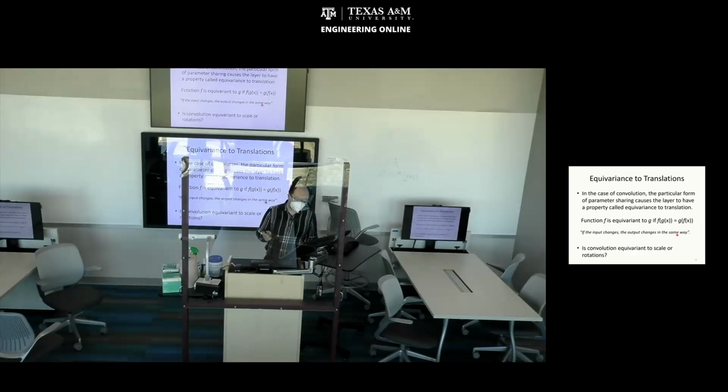So I would strongly suggest you first prove that this equivariance applies when g is translation and f is convolution. And then you will find out that if g is a scaling or rotation, then the convolution f is not equivariant to such g. Okay? So that's why convolutional neural networks actually do not know about rotational equivariance.